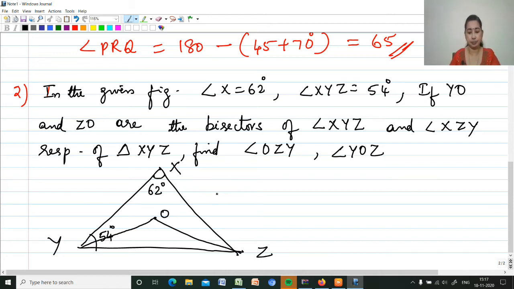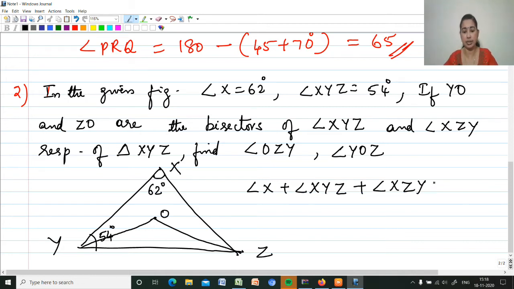So angle X plus angle XYZ plus angle XZY, this total angle sum is 180 because of the angle sum property.